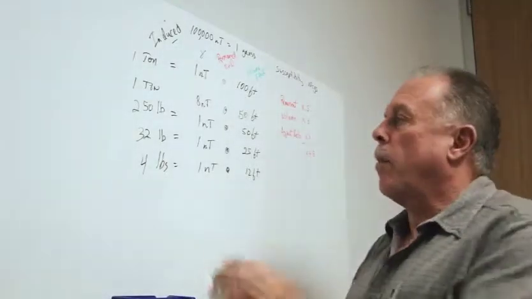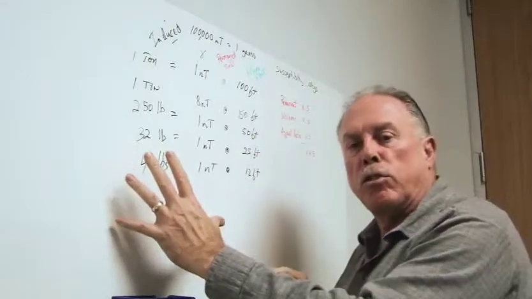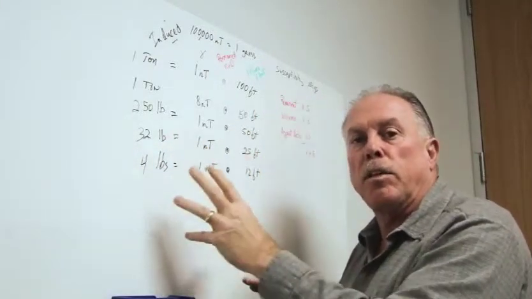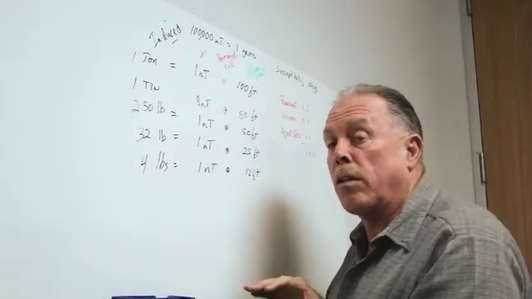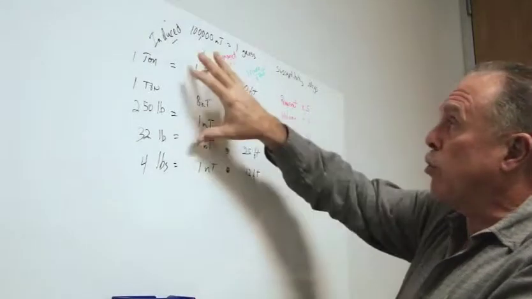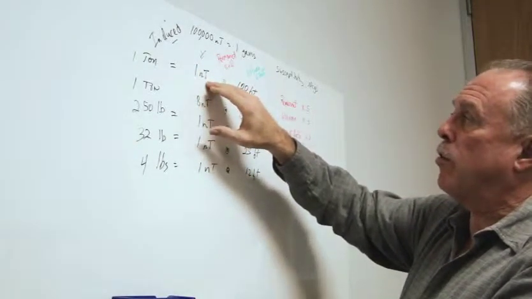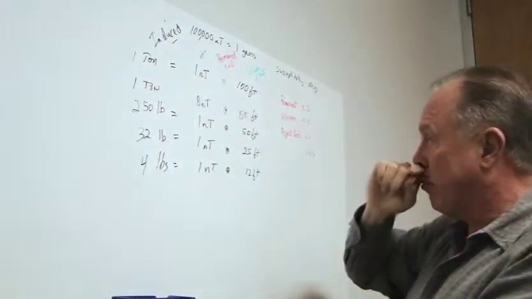Okay, so we have seen that we have induced magnetic field distortions of the Earth's magnetic field that give us the ability to see small objects at great distances with a total field magnetometer. The induced fields give us approximately 1 nanotesla of Earth's distortion at 100 feet for 1 ton.